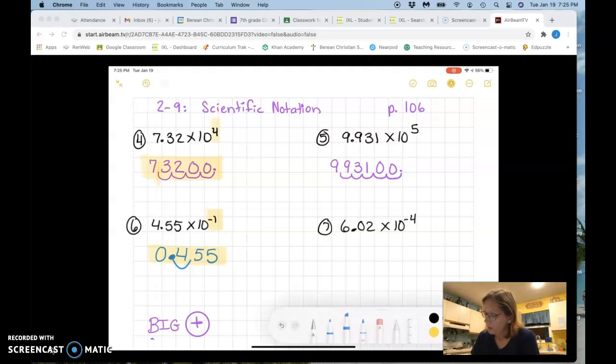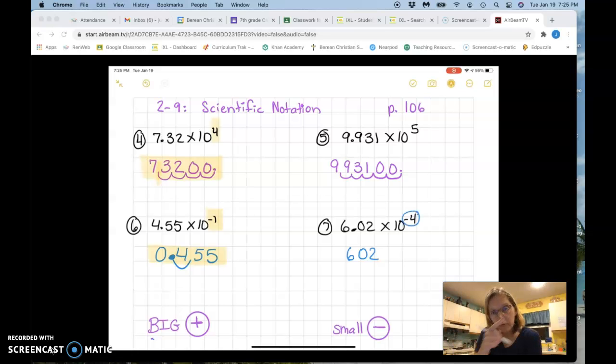All right, let's go on to the last one. Again, write the number down, 602. I have a negative exponent, so I'm going to be moving to the left to make it an even smaller number. Start right where that decimal was and hop 4 places. 1, 2, 3, 4.